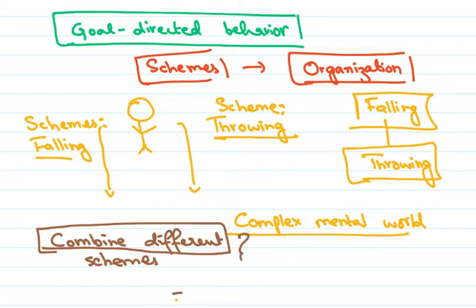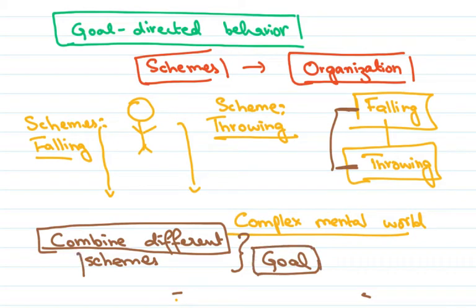What he's done is combine the scheme of throwing. He knows that if he releases that object from above the stairs, it will fall, and he's doing it because he has a particular goal in mind. He wants it to fall. So he's combining these different schemes because he has a particular goal in mind. This is a very simple example of goal-directed behavior.